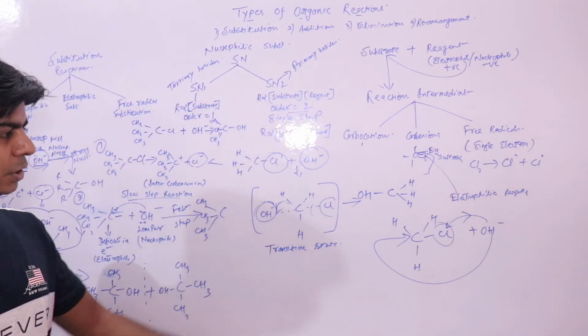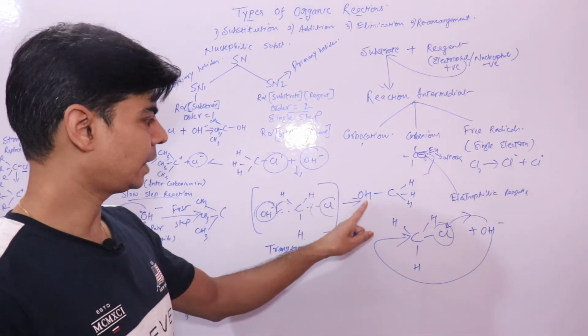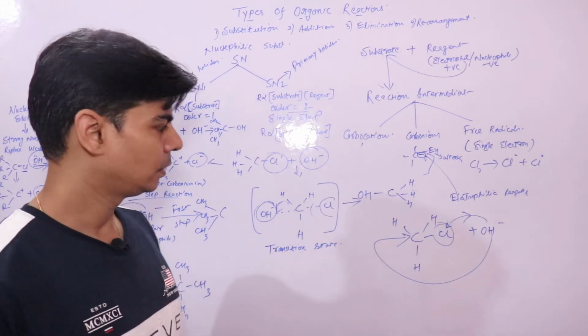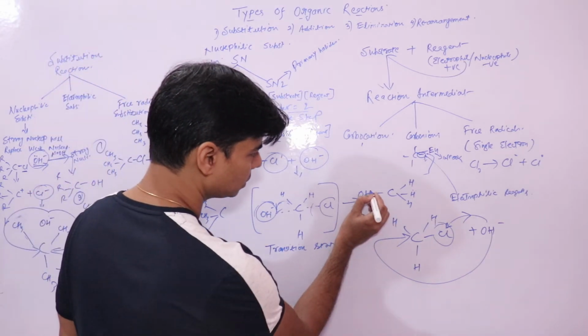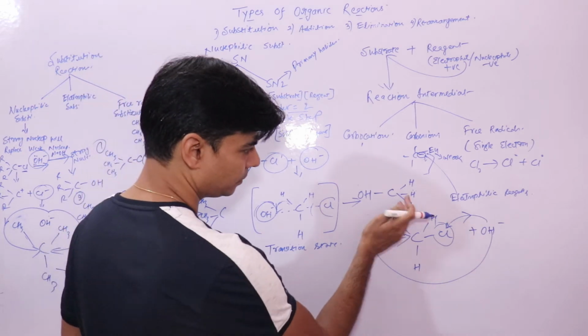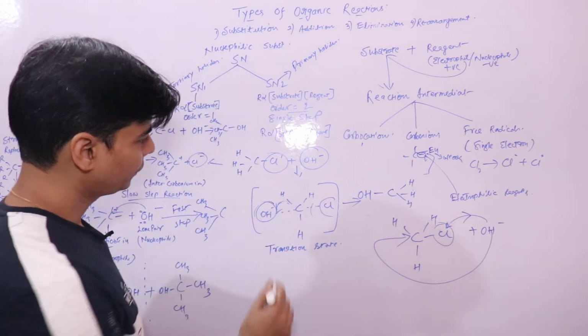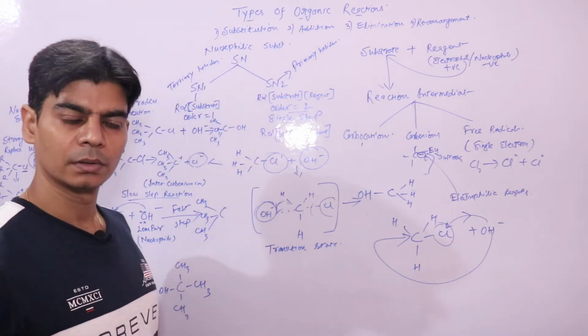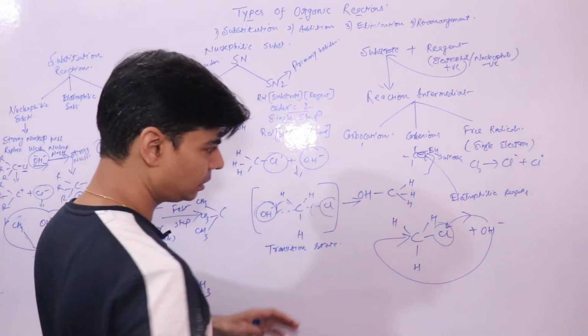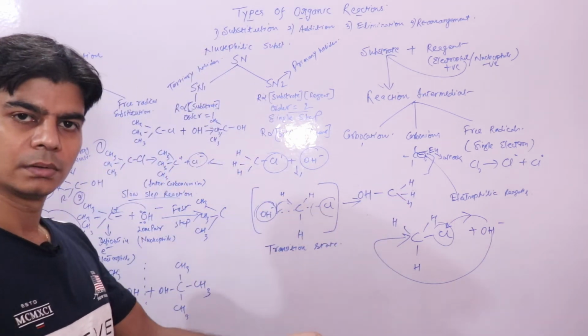The nucleophile would be present in the direction opposite to the already present nucleophile in the product. This is an inversion of configuration. In the reactant, the nucleophile is here, and now in the product, the nucleophile is on the rear side.